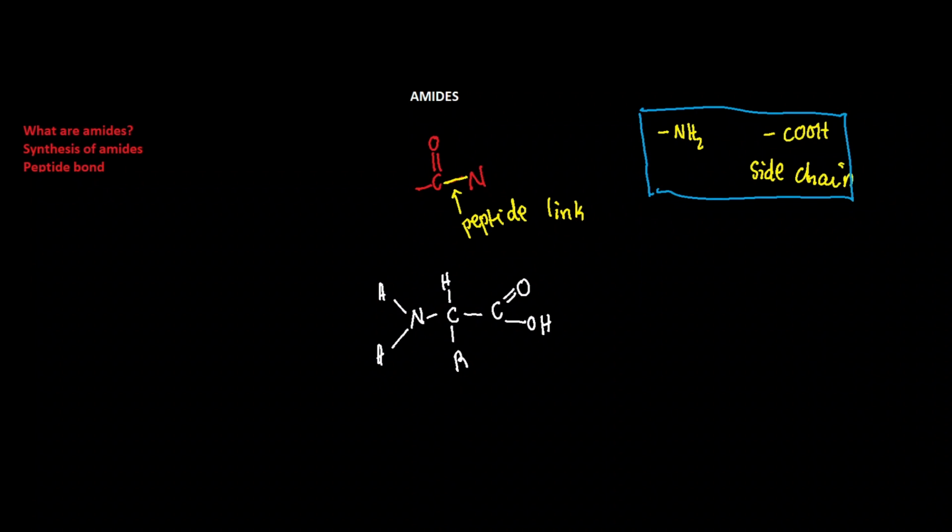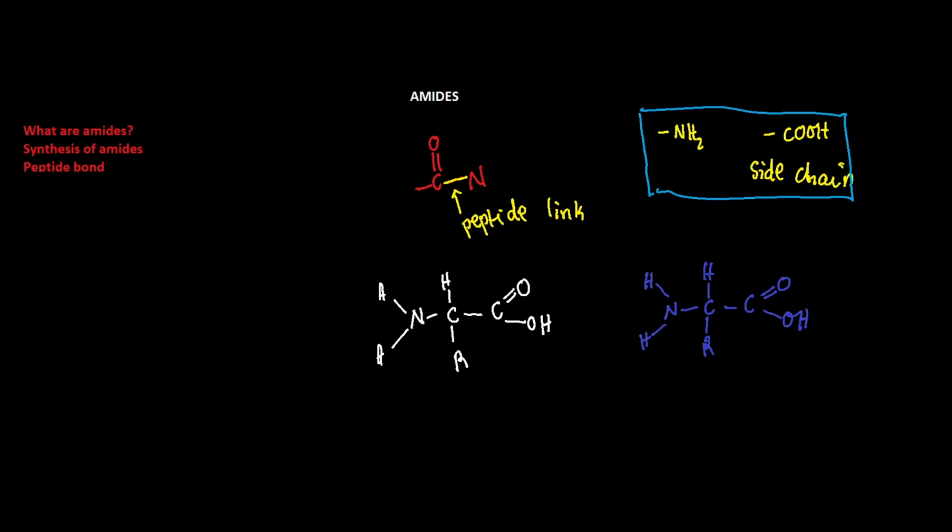Now we would have two of these amino acids, so we have another amino acid that looks like this. Okay, the exact same, hydrogen here, and this is the side chain, then the carboxylic acid functional group, something that looks like this.